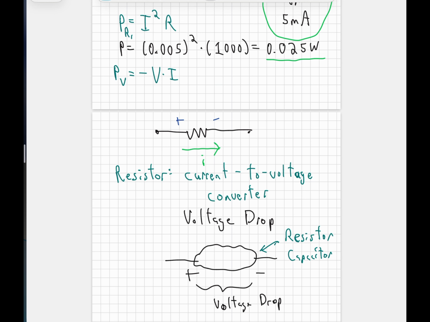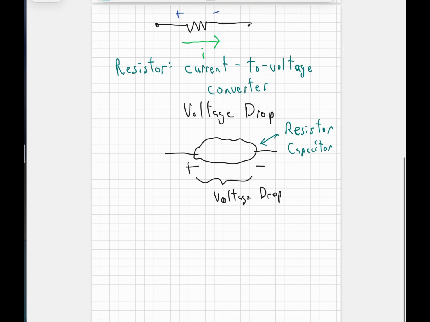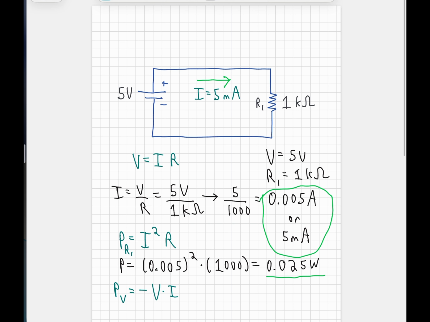So anyway, why are we going through this discussion? We're going back to here, the P equals negative VI. We're talking about the negative sign. So as it turns out, when you have a source, let's get that voltage source right here. So current is going this way.